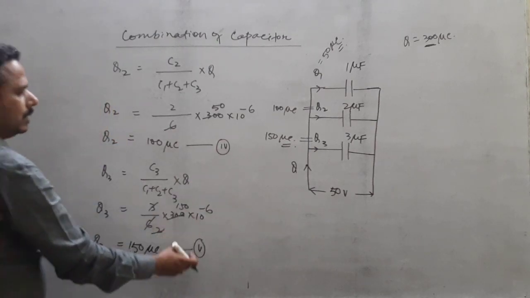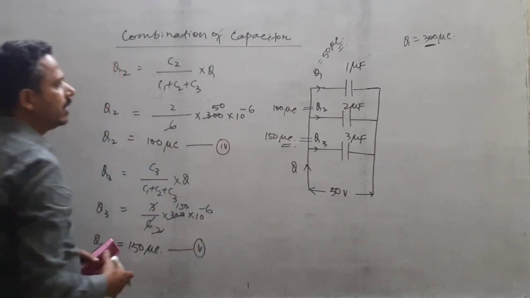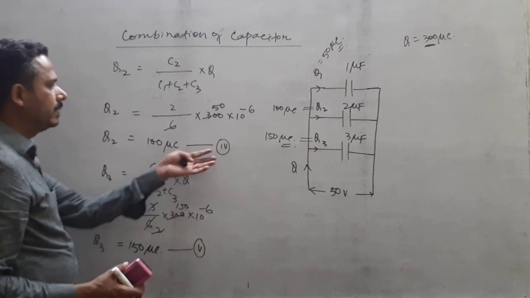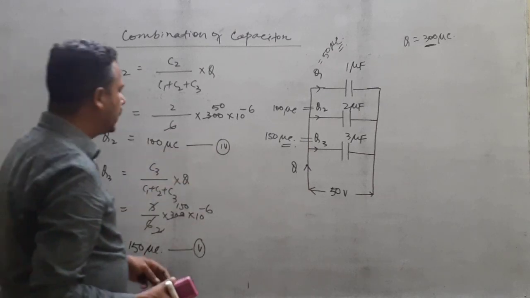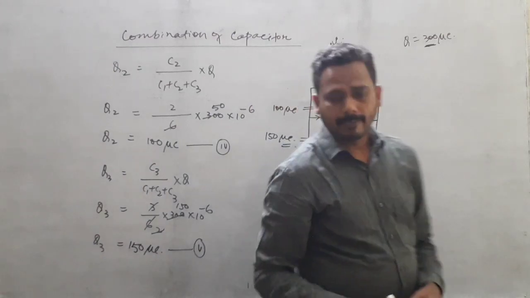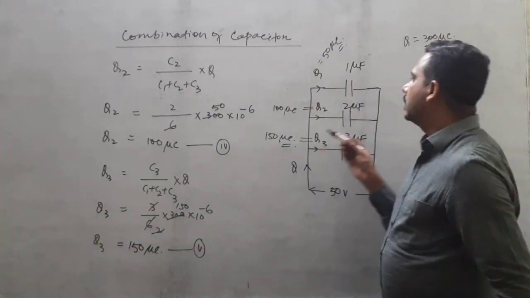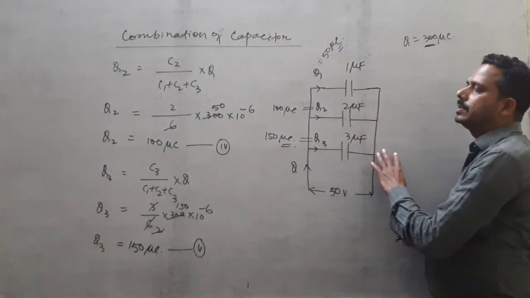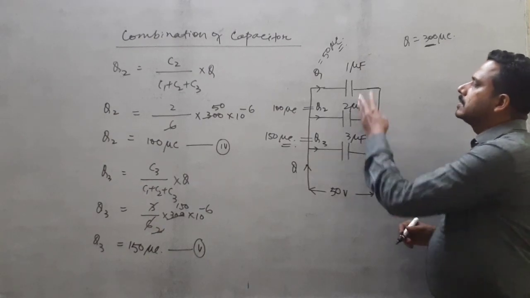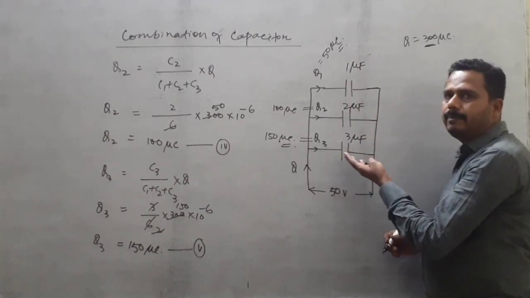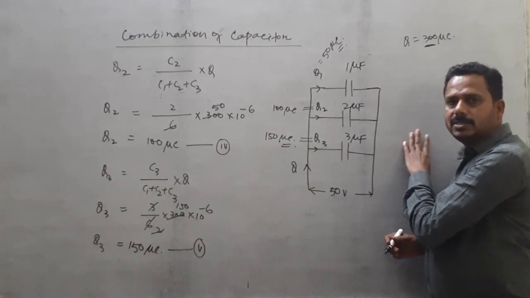Whatever your number in sequence, if it is 3 then the next is 4. So in this way you can find everything. First of all you need to find the net capacitance, which is basically the algebraic sum: 3 plus 2 plus 1, which is 6.